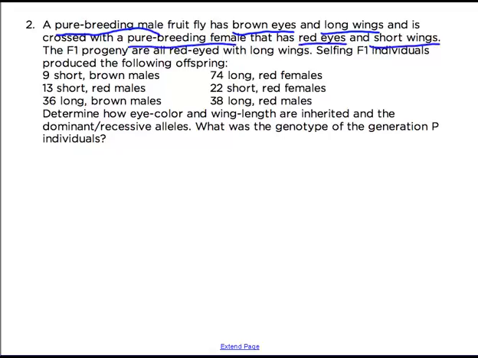Now, of course, a fruit fly can't be pure breeding in the same sense that one of Mendel's pea plants could be, because they can't fertilize themselves. But it means that these came from a line where the males and the females, if you kept crossing those same ones together, would always come out with these same results.